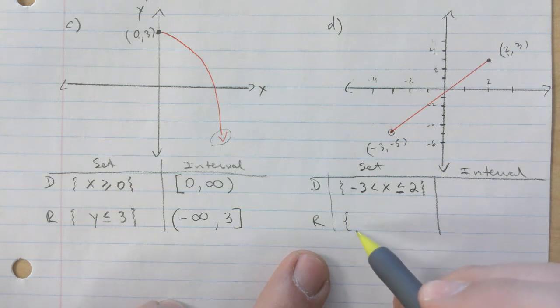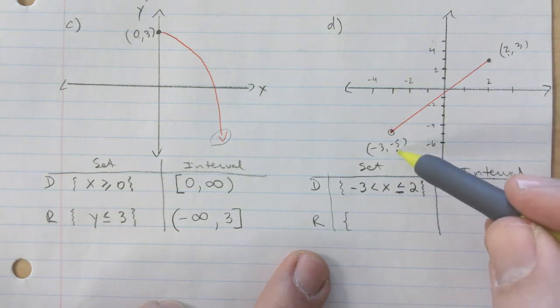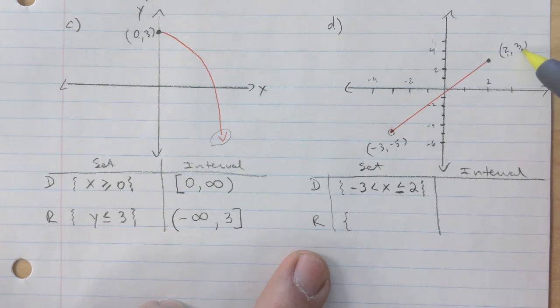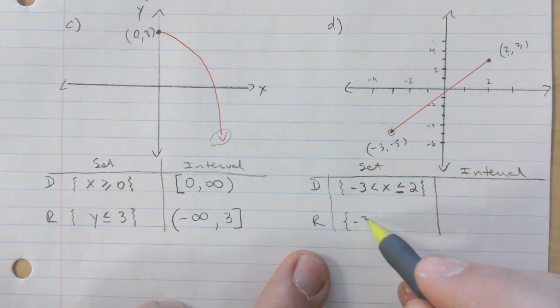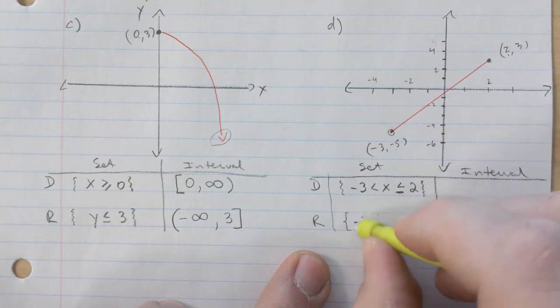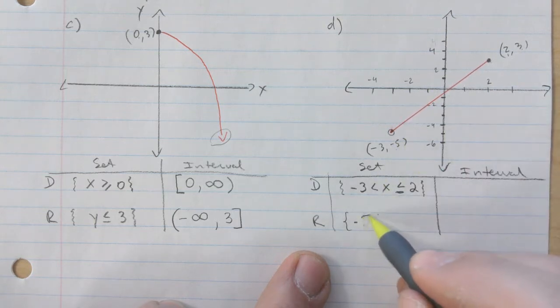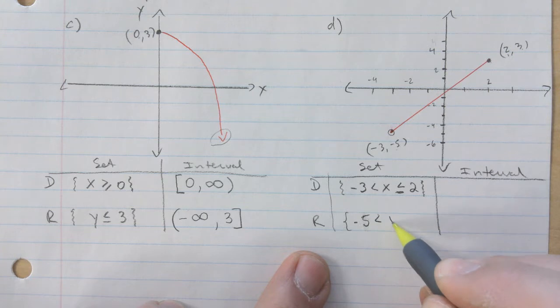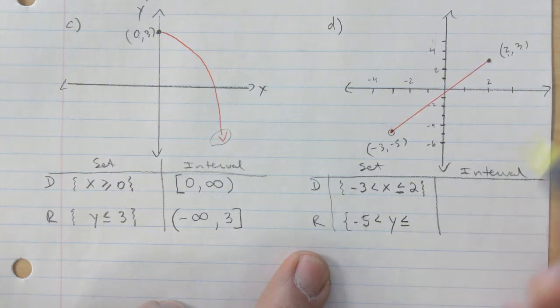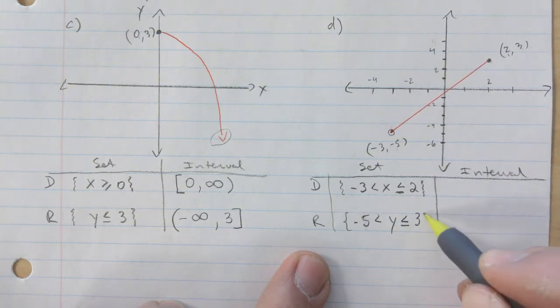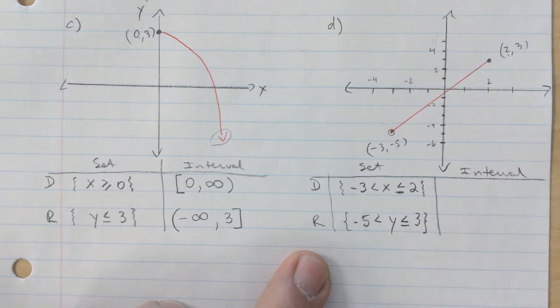So you've got that, and then for range, we go from negative 5 to positive 3. And it's not including negative 5, but including the 3. Okay?